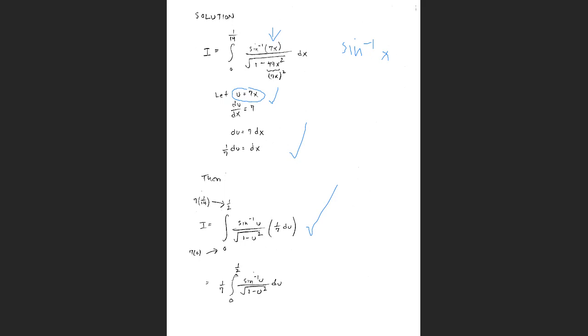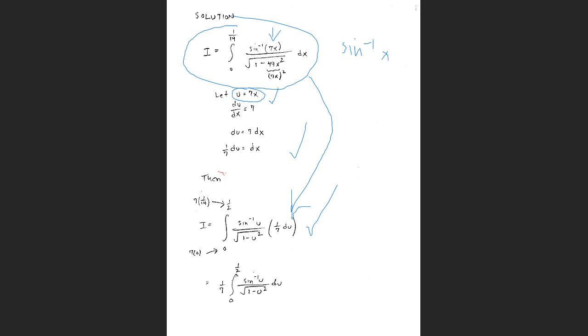I would like to have the arc sine of just a variable without a number in there. So that's why I let u equal 7x. And when I do that, this integral becomes this new integral with respect to u. So I'm converting the integral with respect to x to an integral with respect to u. And that's what I have here.